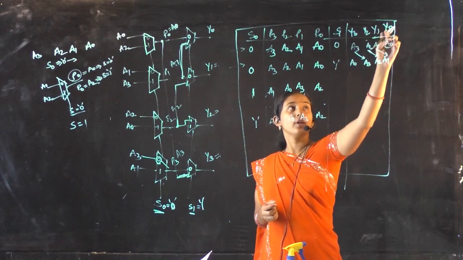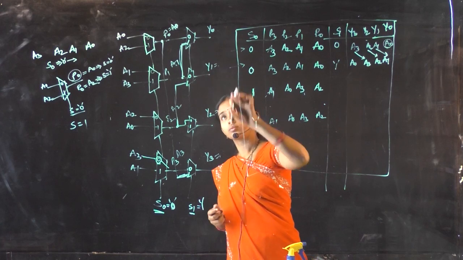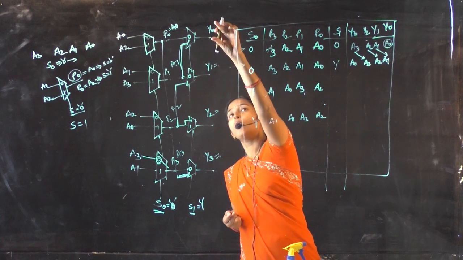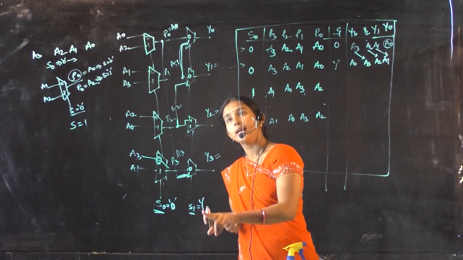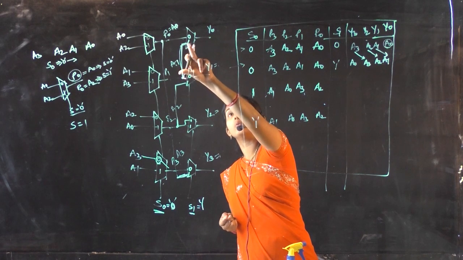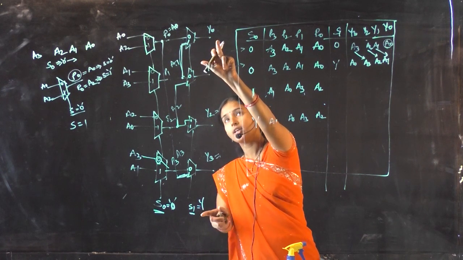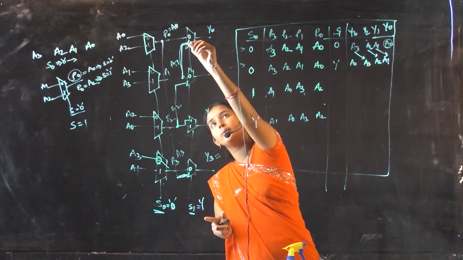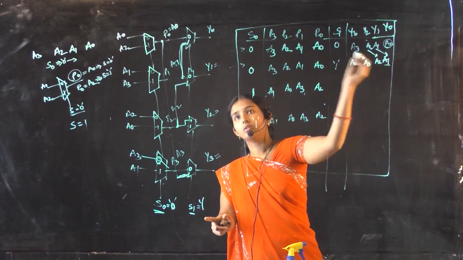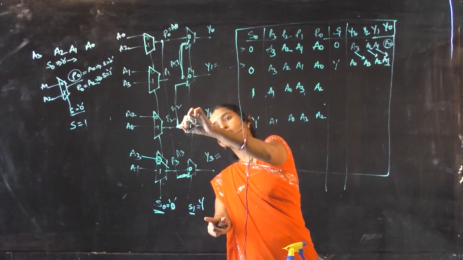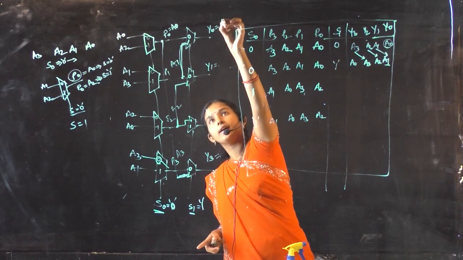Similarly, what about Y naught? It is A1. Now tell me the answers. What will be our output at Y naught? If the selection line is equivalent to 1, whatever data is available at 1, you will be getting as your output. What will be the input? A1, so I got A1. At Y1, A2. See, Y0, A1.